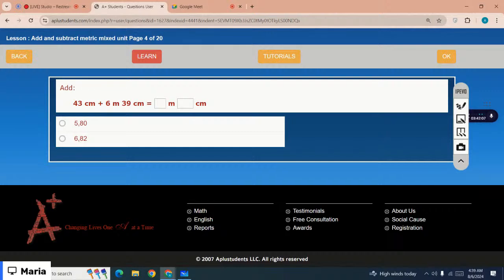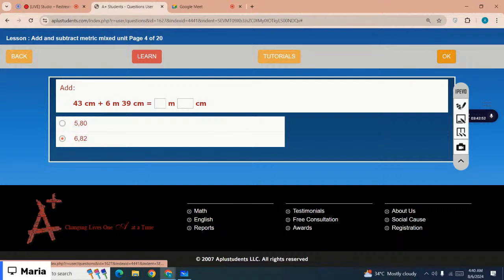43 centimeters plus 6 meters 39 centimeters. Which is the correct option? Option number 2 is the correct option. That is 6 meters and 82 centimeters.